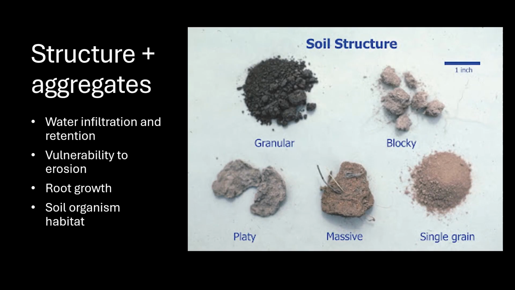It's a crumb structure where you usually have particles coated in organic matter, and that creates larger pore spaces, but it also creates cohesion between the particles because the organic matter is kind of sticky, right? So you get a soil that is relatively low density, roots can get in, water can get in, but it also is sticking together, which makes it less vulnerable to erosion.